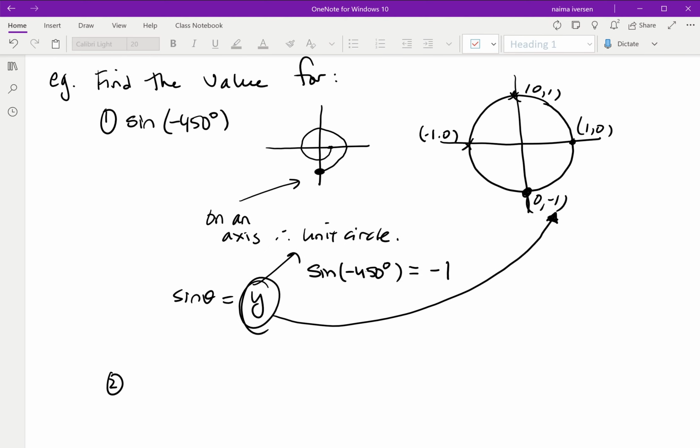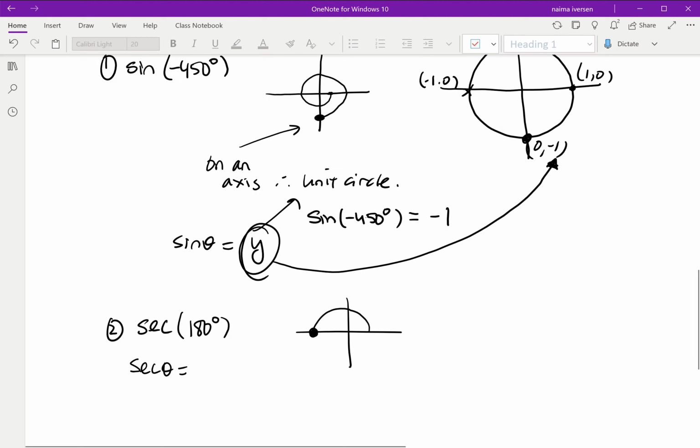Trying another one. Let's do secant of, I don't know, sounds good, 180 degrees. So again, secant of 180 degrees, let's draw it first. 180 degrees, 90, 180, lies on an axis. Therefore, it's the unit circle. Secant theta goes with cosine.